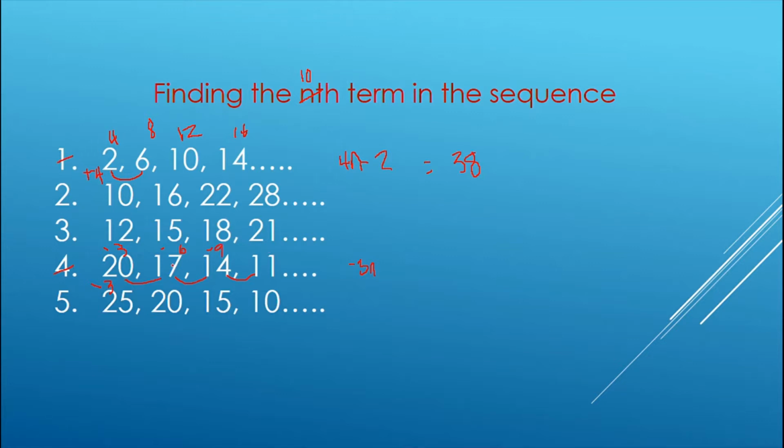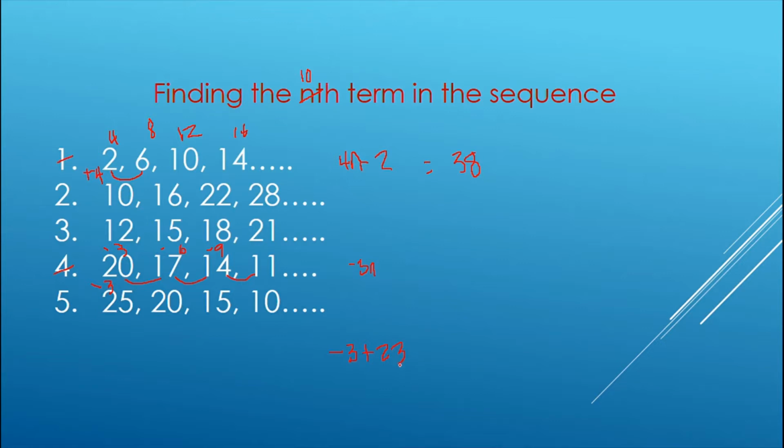Now the next thing that we're going to do is ask what we do to negative 3 here to make it 20. So remember our lesson about signed numbers. What do we add to negative 3 to make it positive 20? So for this one, we are going to add plus 23.